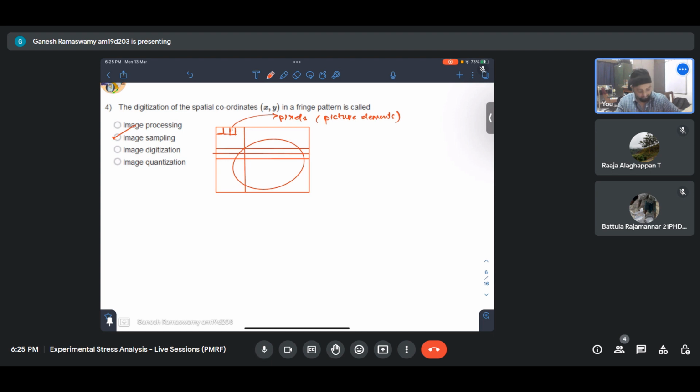Essentially, it is the measurement and conversion of the sensor's response in voltage to intensity data. This is quantization.